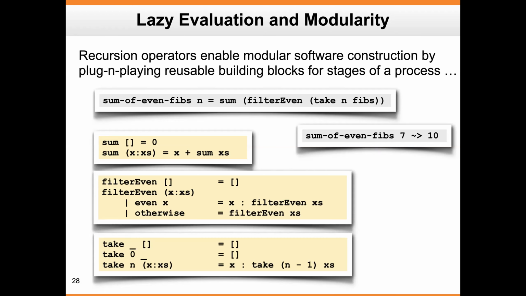We filter to get only the even fibs, and then we sum these even fibs. You don't need to go into the details, but there is a definition for summing elements of a list, a definition for filtering the elements of a list according to whether they are even or not, and the take we have seen before. So there are these three functions which we can reuse, and we plug and play them together to define the sum of even fibs.